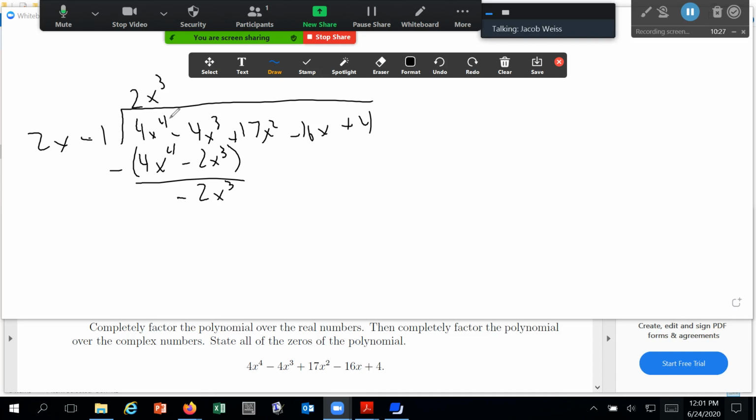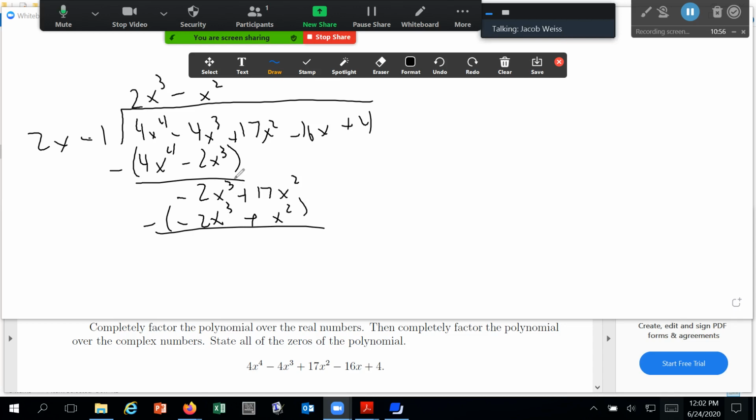All right, and then I bring down the next term, which is plus 17x squared. All right, so now again, I compare the first term here and the first term here. I have a 2x and I need a negative 2x cubed. So I have to have a negative sign and I have to multiply by x squared. All right, so if I multiply by negative x squared, I get negative 2x cubed plus x squared, and then I'm subtracting all of that.